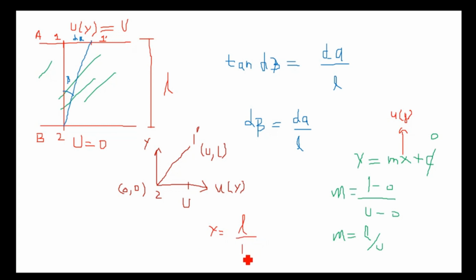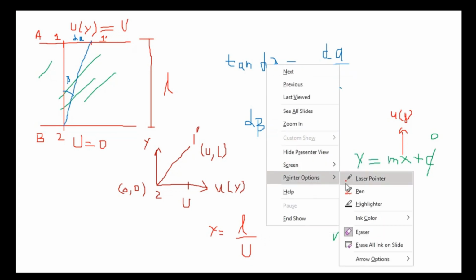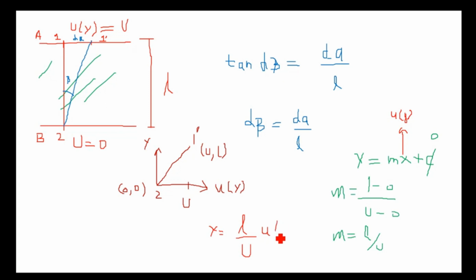Capital U is a constant, times small u of y. I don't write x, otherwise you will get confused. So u of y is u by L into y.